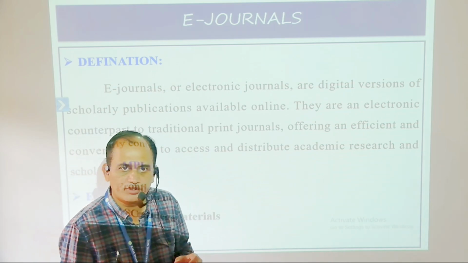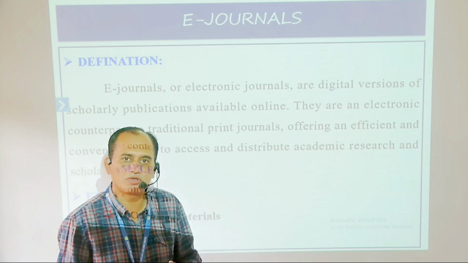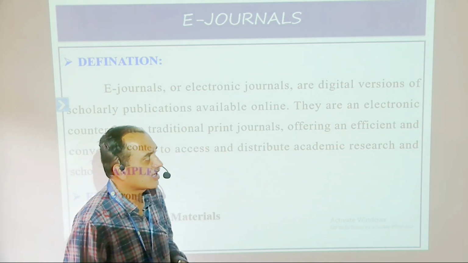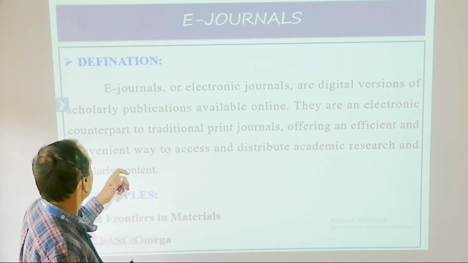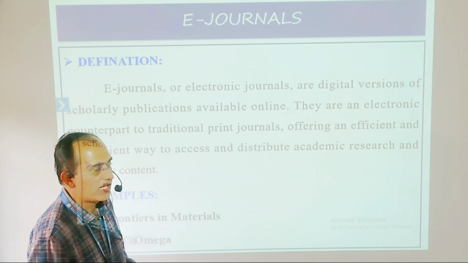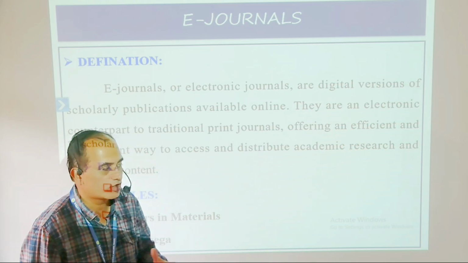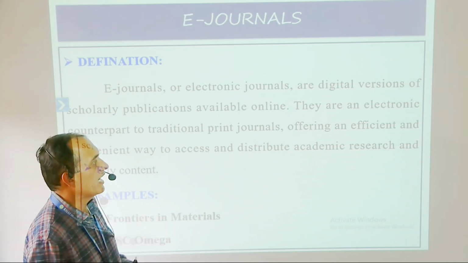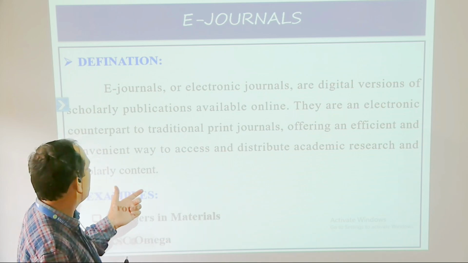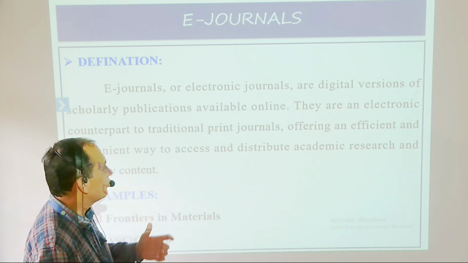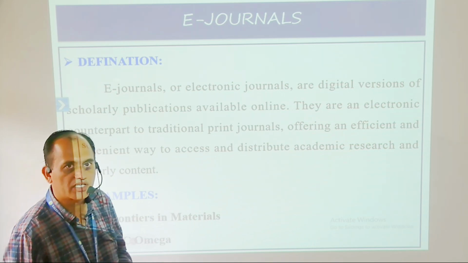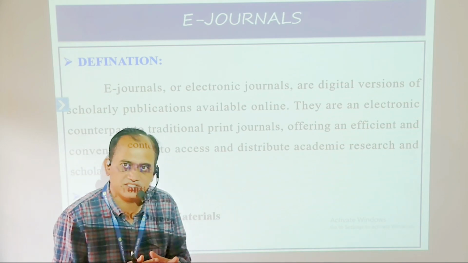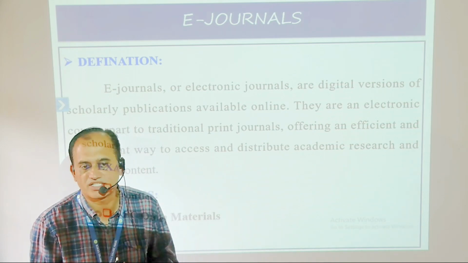So every journal has now become an e-journal. E-journals, or electronic journals, are digital versions of scholarly publications available online. They are an electronic counterpart to traditional print journals, offering an efficient and convenient way to access and distribute academic research and scholarly content. So through e-journals we have access to our scholarly research articles.